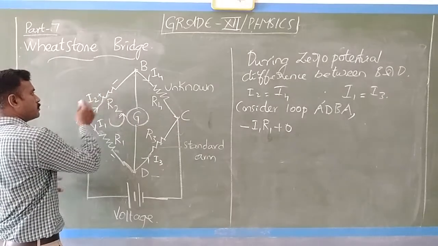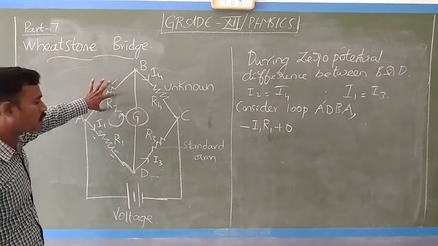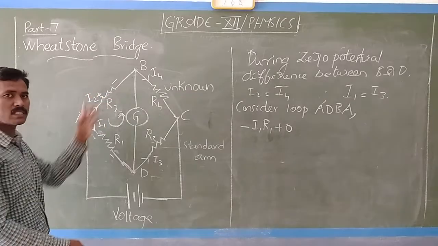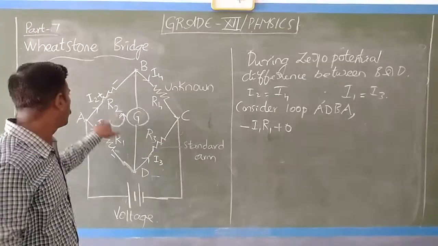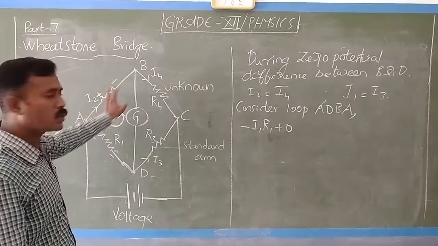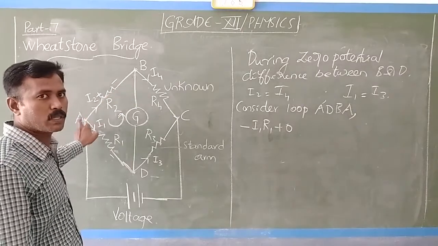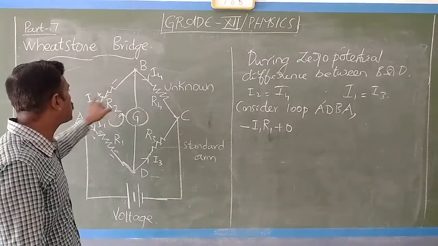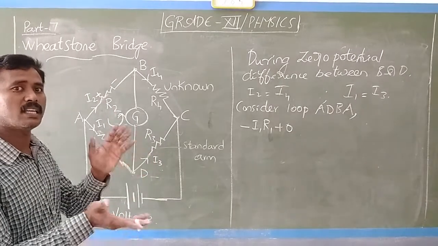Again here comes the main picture. Loop direction everywhere. But what is there from B to A? Resistor R2 is fixed, B to A. The current I2 is flowing. But what is the direction of the current given? Here only plus and minus are given. How do we put the loop direction? We put it as B to A. The loop direction is B to A. Okay? That is the current direction; it stays the same, no change there. When I put the loop direction B to A, see how the polarity changes. Going from negative to positive, there is a rise in potential.